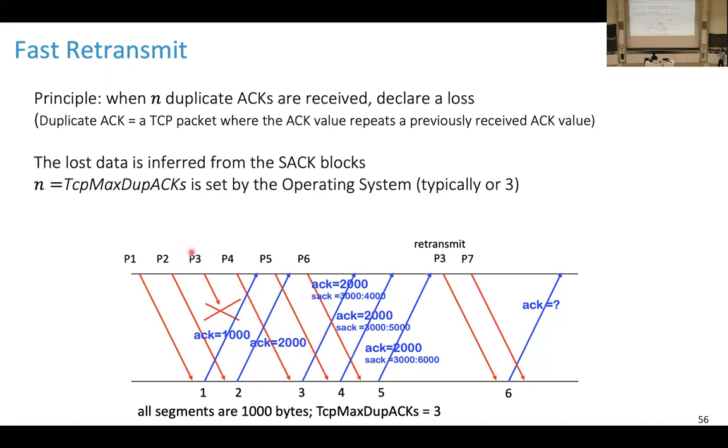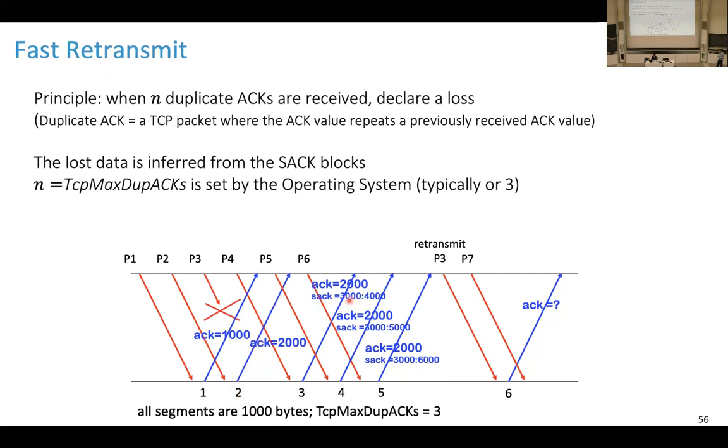Here, P3, the packet, is unfortunately lost. As the packet is lost, the sender will not receive any acknowledgement for it. And then the sender continues to send packets P4, P5, and P6. For each packet, it will receive an acknowledgement, and the acknowledgement value will be the same as the acknowledgement value for packet P2.